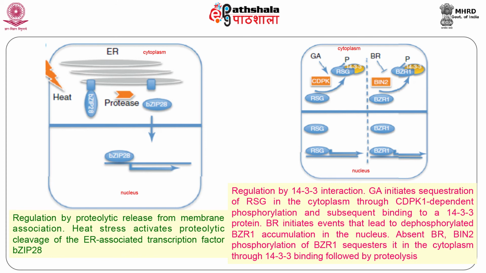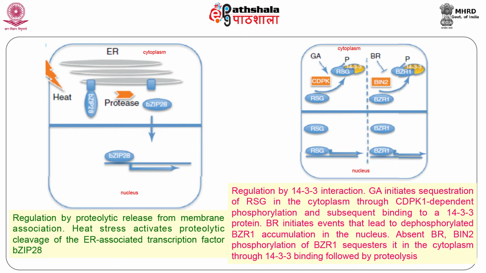Figure in the right hand panel shows regulation by 14-3-3 interaction. GA3 encodes Nt-kaurin oxidase that acts early in gibberellic acid biosynthetic pathway. A transcription factor RSG activates gibberellic acid.